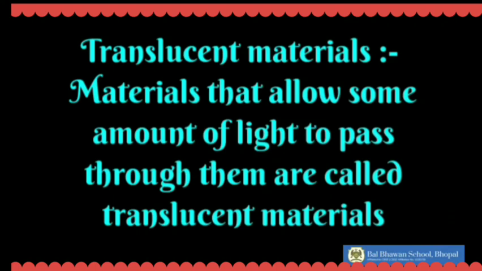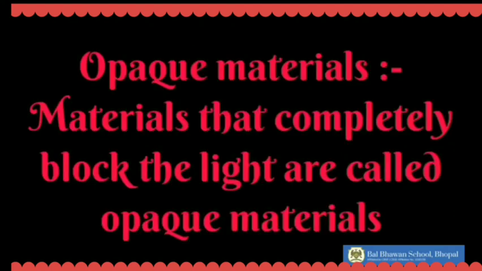Materials that allow some amount of light to pass through them are called translucent materials. Example, dirty water. Third was opaque materials. Materials that completely block the light are called opaque materials. Example, wood, mirror, mud, etc.